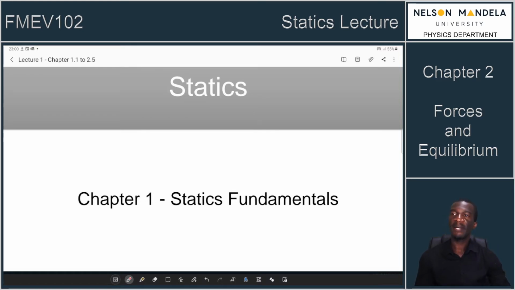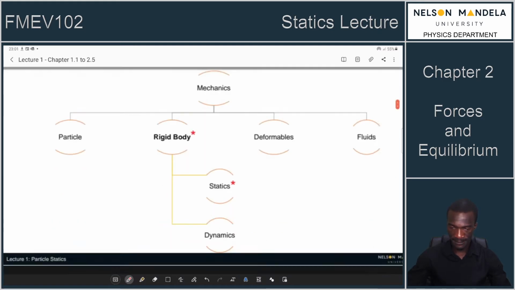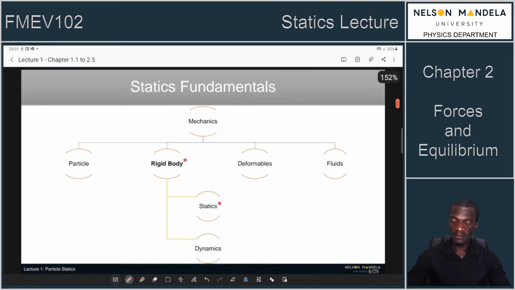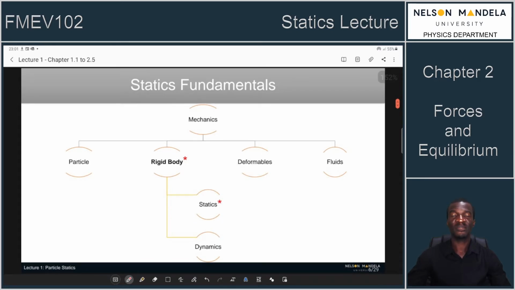So let's jump now into the theory. The following is going to cover the fundamentals of statics. So scientifically, studying an object that is non-accelerated takes knowledge of the forces that are acting on it. So in statics, you will notice that mechanics is basically branched into particle mechanics.